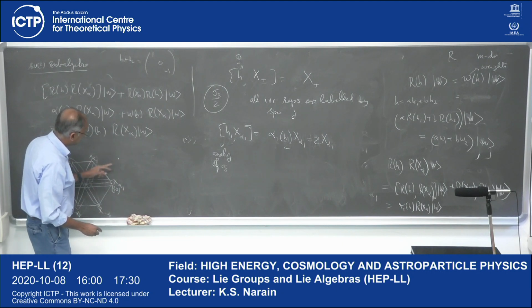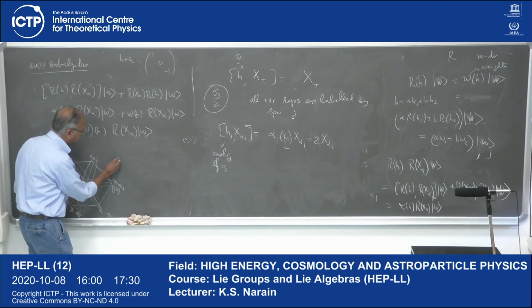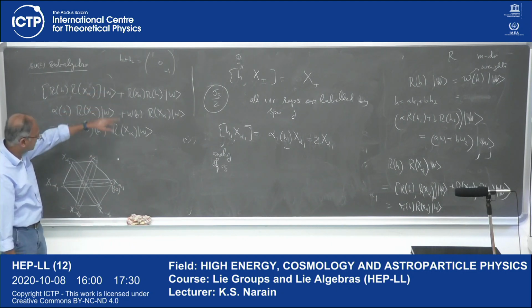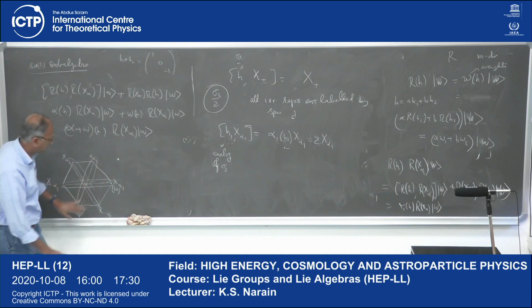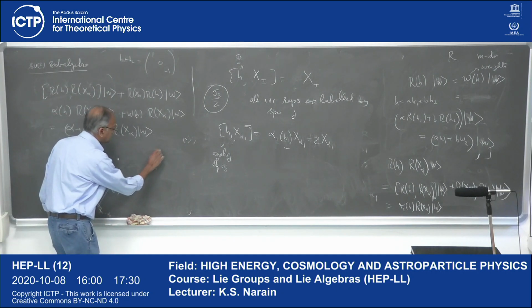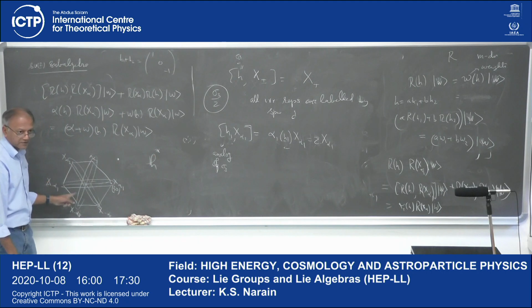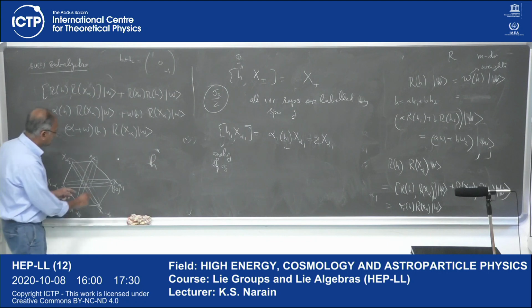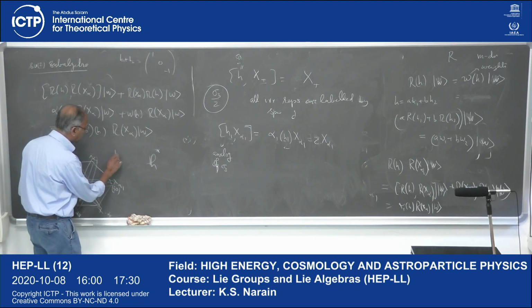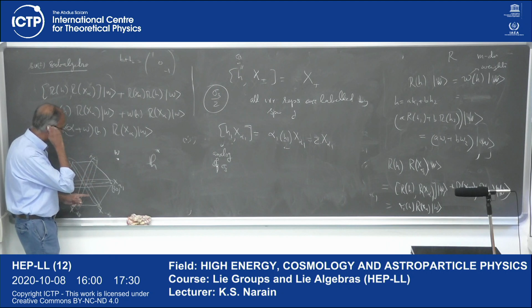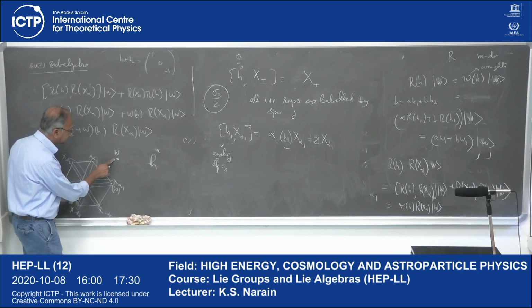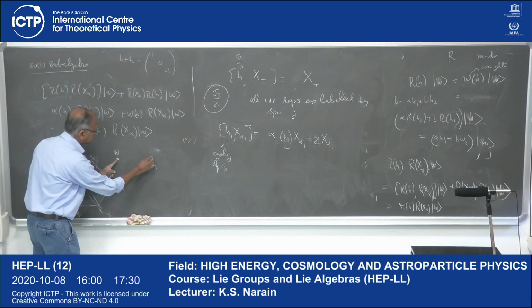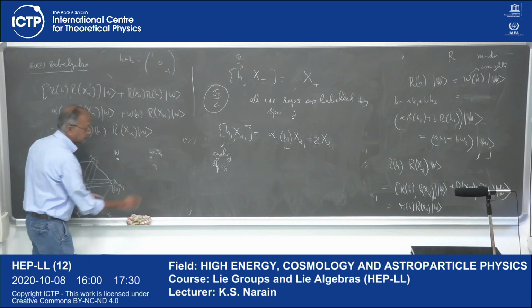So let's say I started with some weight in this picture. This is the dual H star, the dual space. H star is two-dimensional, and I'm drawing all these vectors there: alpha 1, alpha 2, etc. Suppose I started with some weight W, then if I apply X alpha 1 on that state, its weight becomes W plus alpha 1.